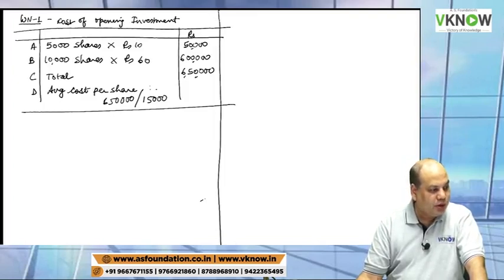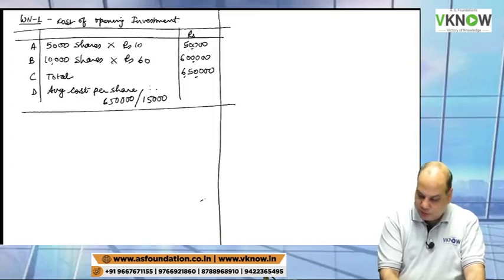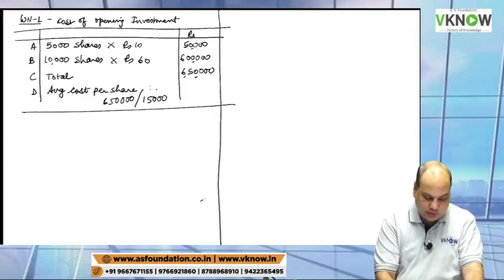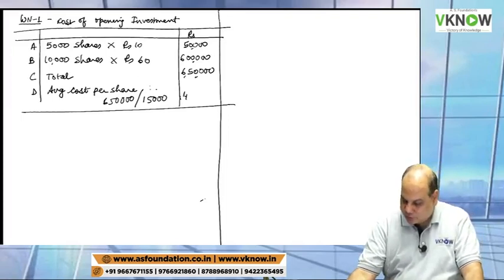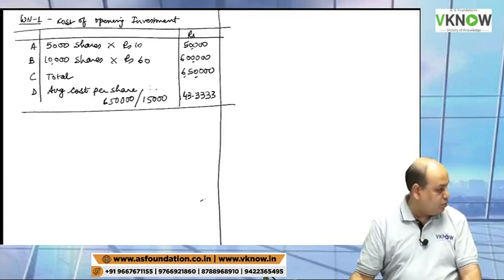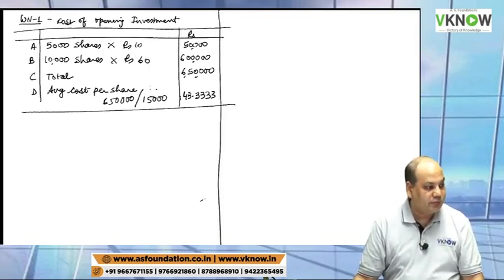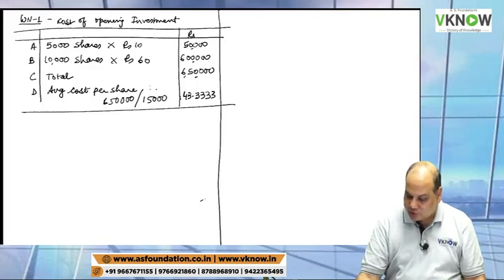So my opening investment will have an average cost of 6 lakh 50,000 divided by 15,000, which is 43.3333. Yes, 43.33 is right. Most of you are right.